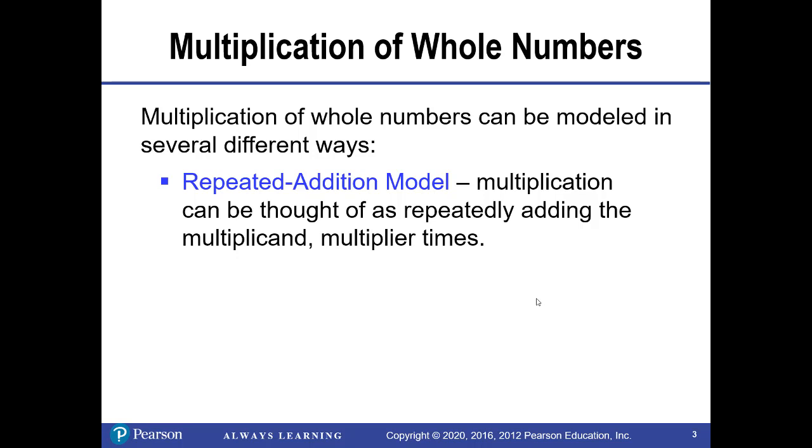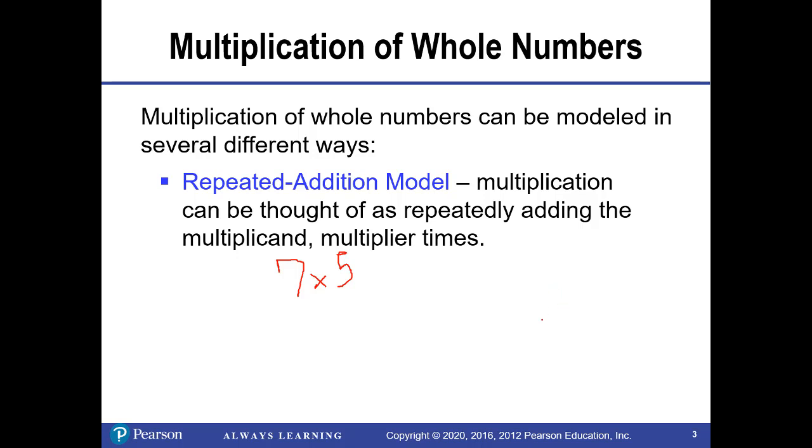Let me talk about multiplicand and multiplier. When we multiply two numbers together, like 7 times 5, one of these numbers is considered the multiplicand, and one of these numbers is considered the multiplier. However, you don't need to know that. You don't need to worry about that.